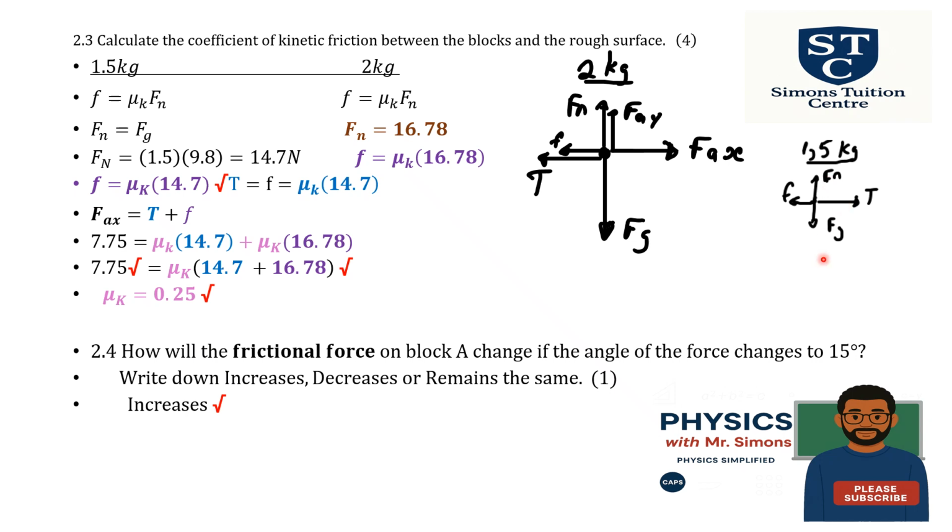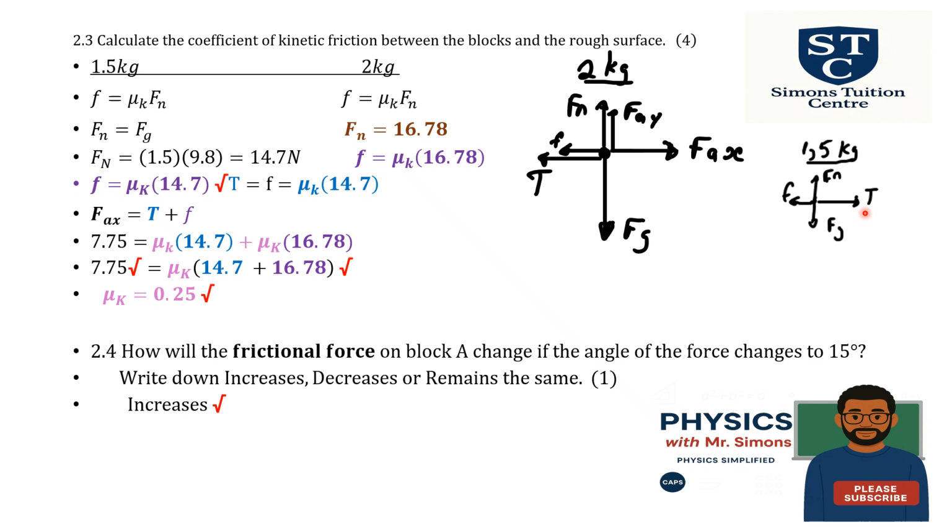So normal force equals force of gravity. My normal force would then equal 1.5 times 9.8, which gives me 14.7. So here, my normal force is 14.7. So for friction, mu k times 14.7. But the key here is my friction is equal to my tension because we're moving at constant velocity.